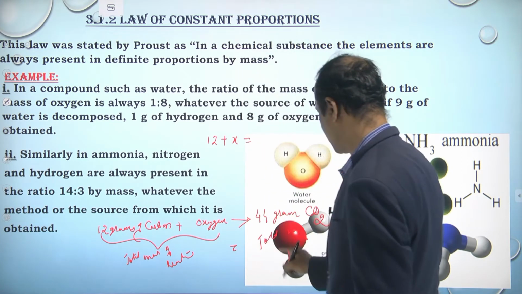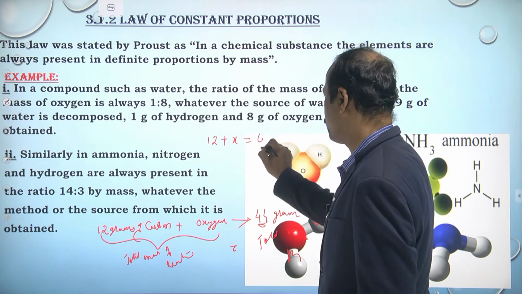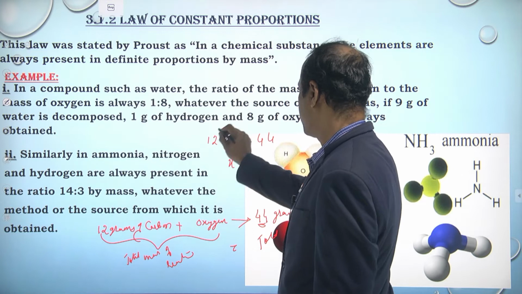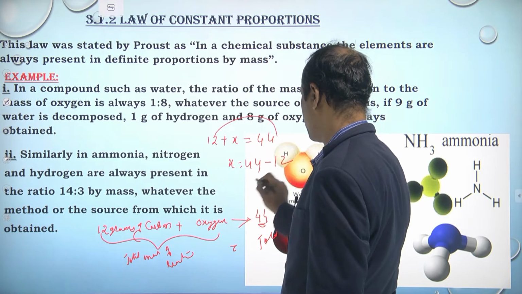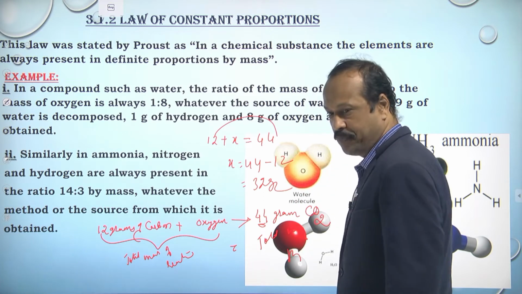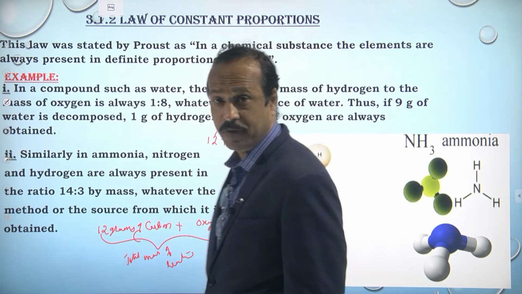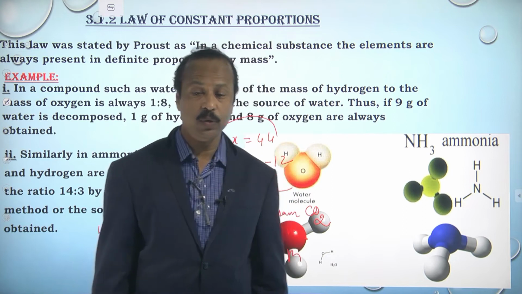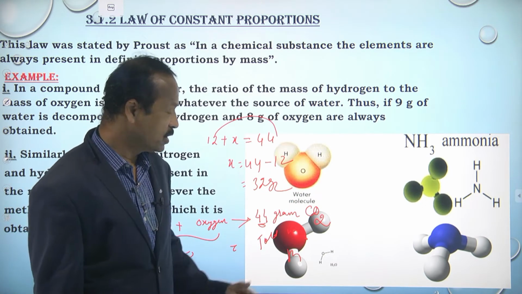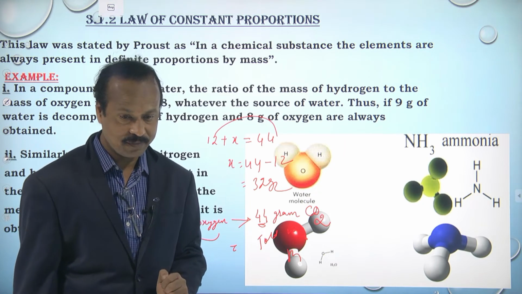That is equal to right side, how much we are getting of carbon dioxide? 44 grams. Now x is equal to 44, bringing this side, so minus 12. 44 minus 12 is 32 grams. So here carbon is utilizing 32 grams of oxygen. Okay, so is this clear to you?